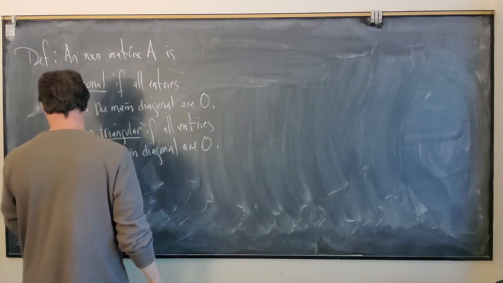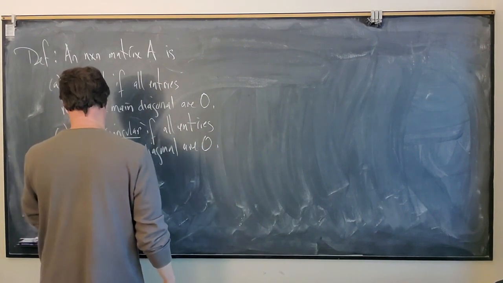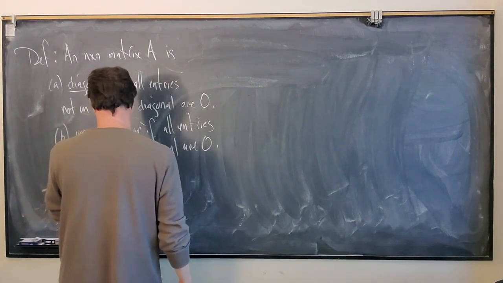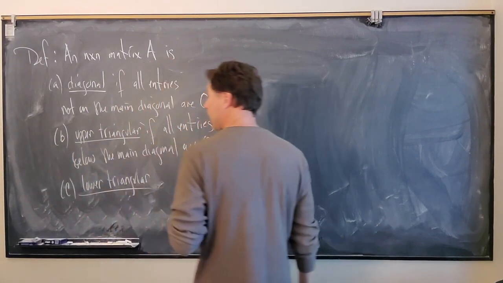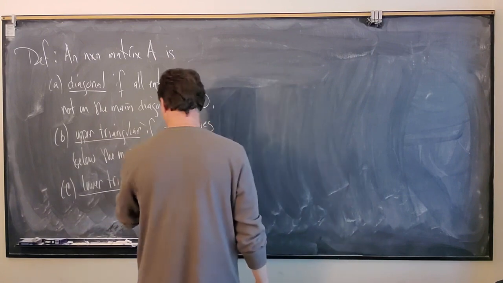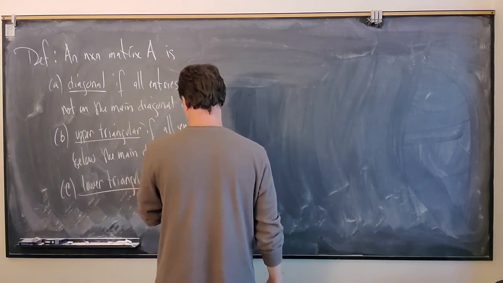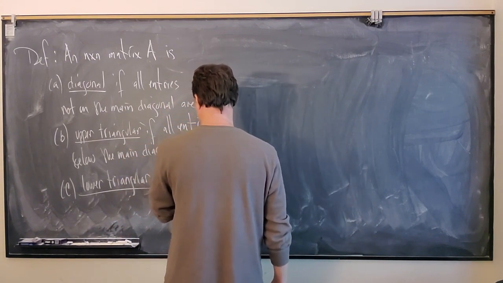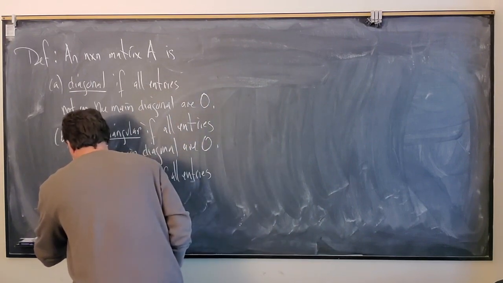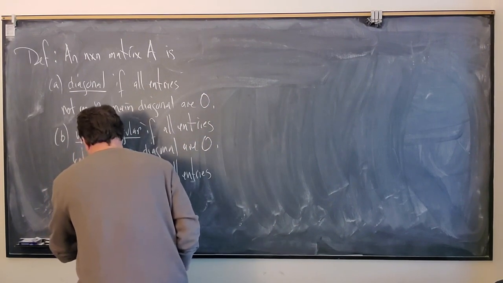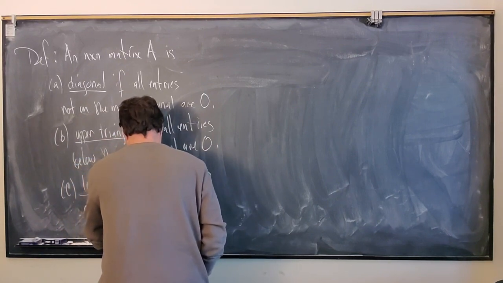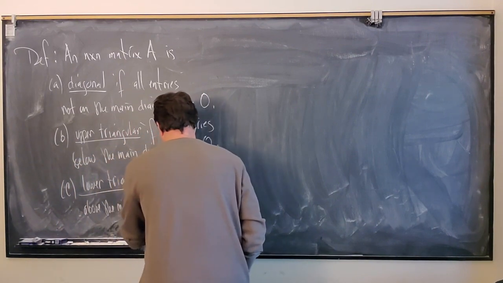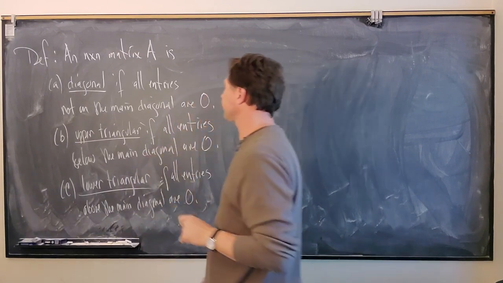There's also lower triangular. And so an n by n matrix is lower triangular if all entries above the main diagonal are 0.